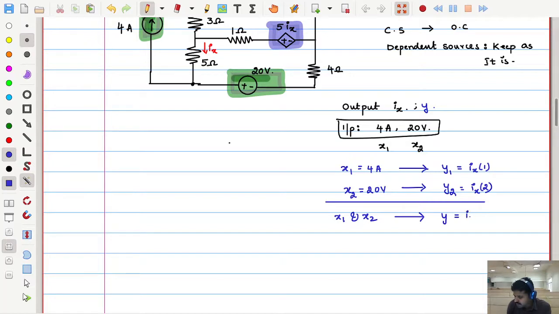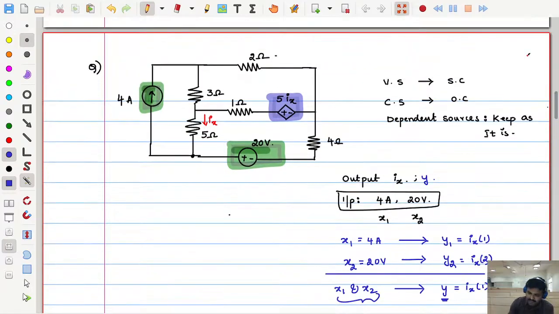Y is equal to Ix of 1 plus Ix of 2, according to the superposition principle. The algebraic sum of the responses caused by individual sources, this caused by X1 and this caused by X2, is equal to the total response when all sources are acting together. That is the superposition theorem statement. Now we would like to execute this: when only X1 is there, how much is Ix1?